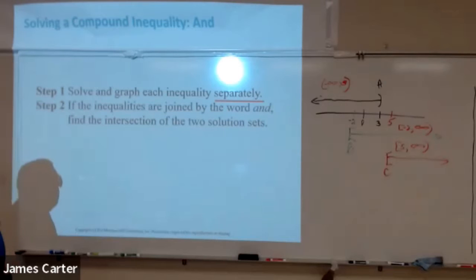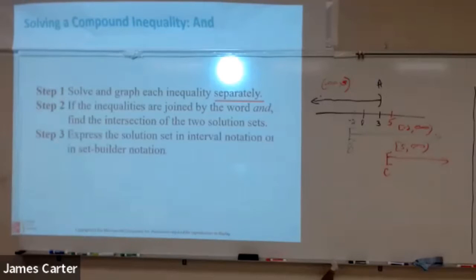Now, if they're joined with the word and, we're going to find the intersection. I told you that already. If they have the word or, then they're going to be unions. And you give your final answer either in interval notation or set builder.